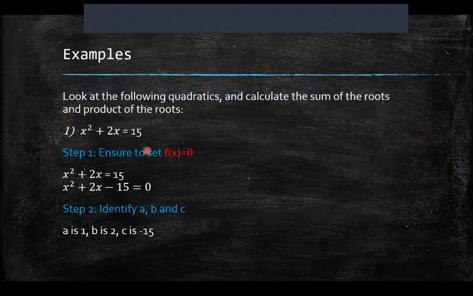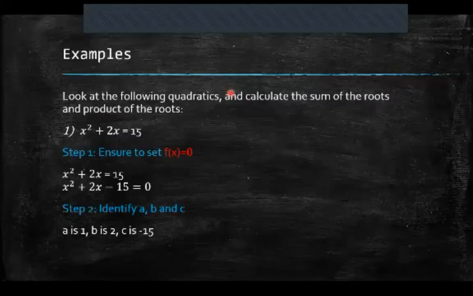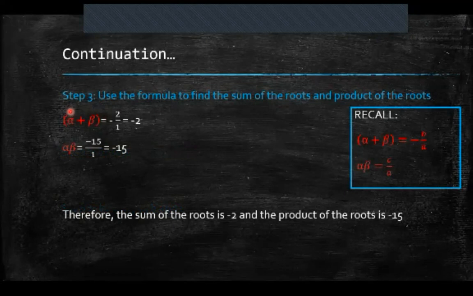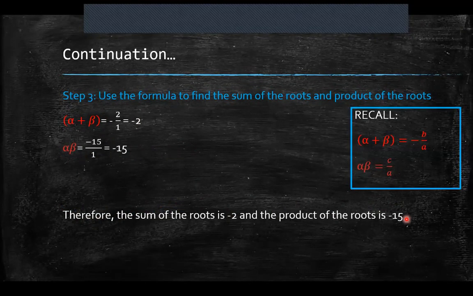What did this question ask me? They asked me to calculate the sum of the roots and the product of the roots. So I just found out that the sum of the roots is minus 2 and the product of the roots is minus 15. And that would be the answer for this question, because all this question wanted you to do was find the sum and the product of the roots.